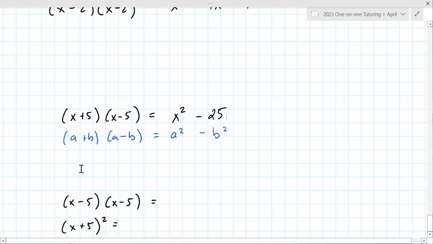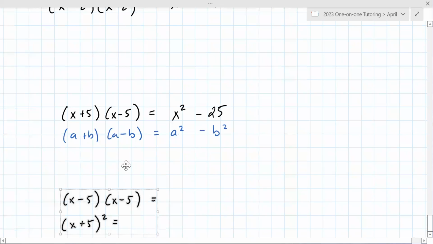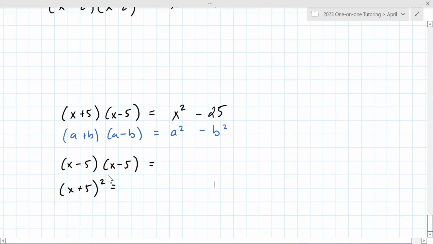Okay. Let's have you try the next ones here. (x - 5) times (x - 5). x squared minus 25. What's the formula?